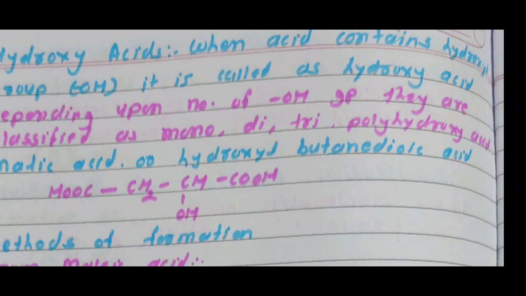Here butane means a 4-membered carbon chain, and in the acid 2 COOH groups are present in the structure. Therefore butane di means 2, oic, that is 2 COOH groups present. Therefore the name of malic acid is hydroxybutanedioic acid.